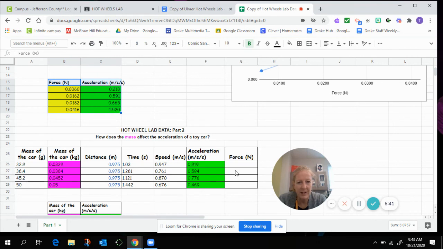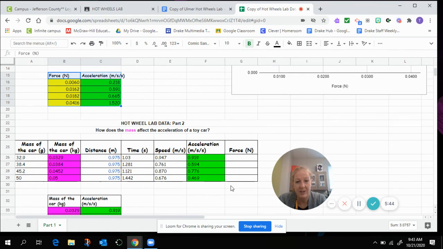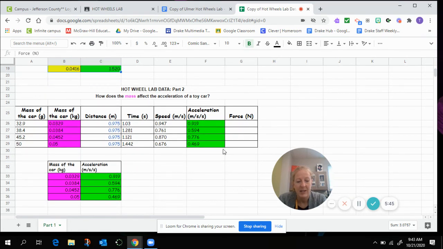This time the acceleration and the mass values are going to populate this data table below, and this is the data table I'm going to use to graph my data. In Part 2, we're investigating how increasing the mass of the car affected the acceleration.